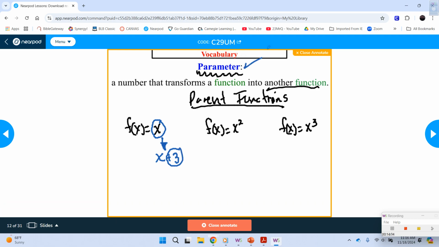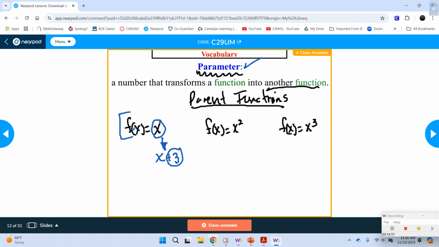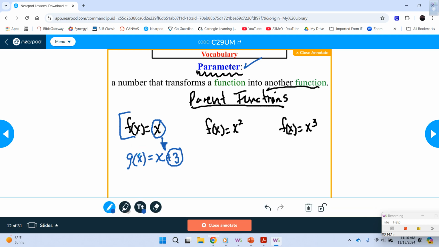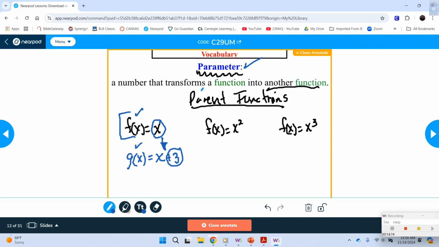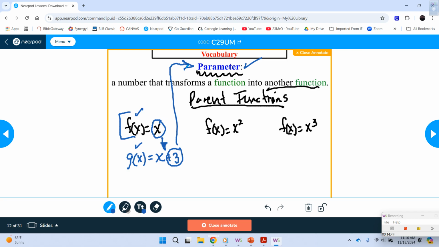We call that a parameter. So as soon as we change the original one, it can no longer stay f of x. We need to change it to g of x. Write that down, please. As soon as we change the original one to something else with a number, we no longer use f of x, we use g of x, and the number that we use is called a parameter.